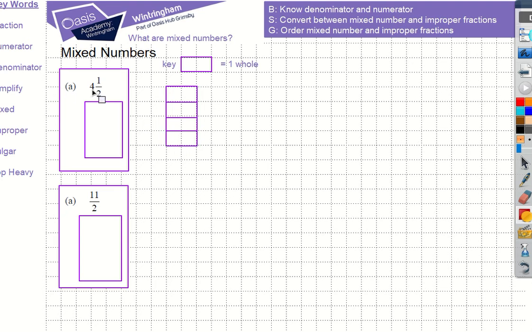It says 4 whole ones. So I've got 1, 2, 3, 4. As well as these 4 whole ones, I've also got this extra half. And to represent that, instead of 2 squares, I need to represent that using 1 square.